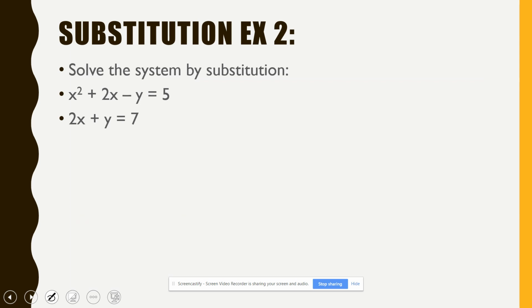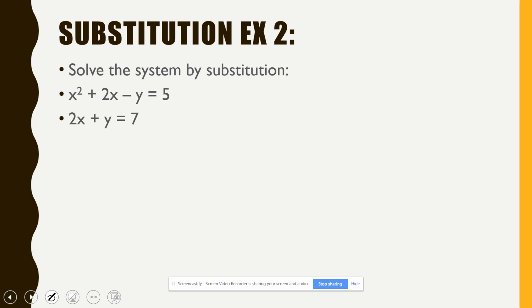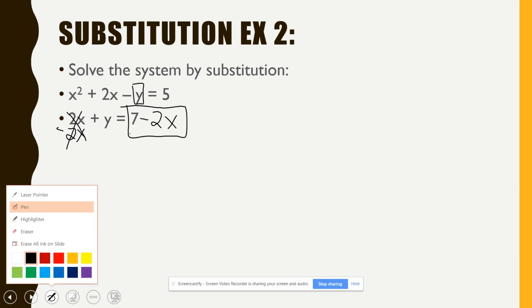All right, my second one. I think again I'm going to go ahead and move my 2x in my linear equation over to the other side to get y alone. So I'm plugging 7 minus 2x in for that y.